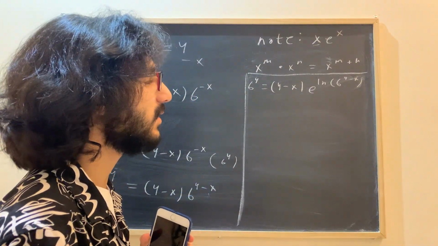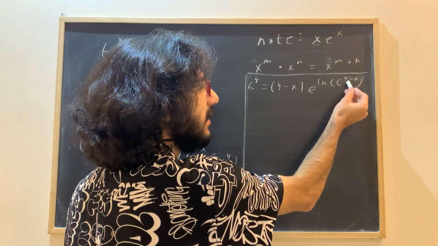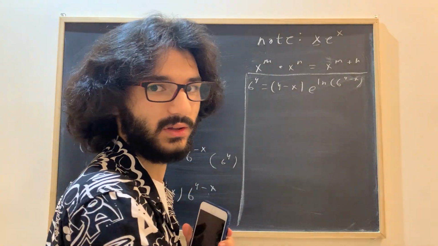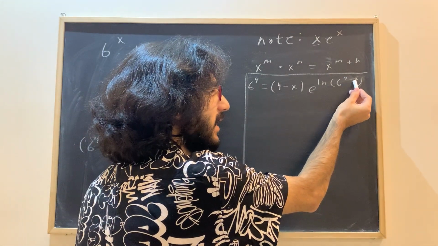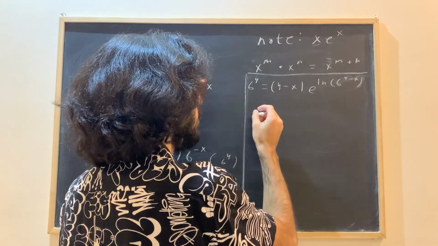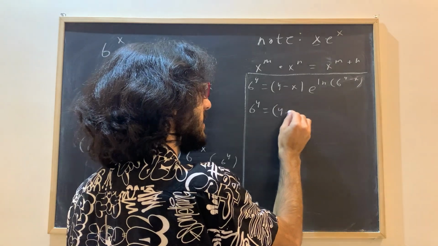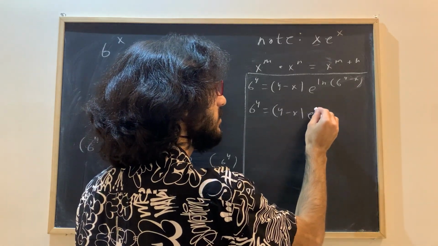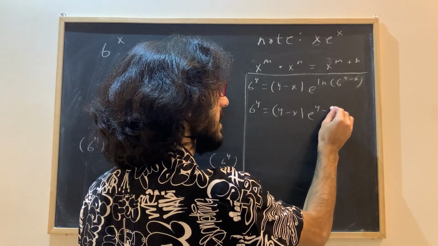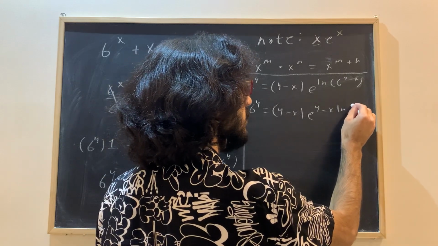So we can continue. Because of the property of logarithms, we can take the 4 minus x down. So we're going to get 6 to the 4 equals 4 minus x e to the 4 minus x ln 6.